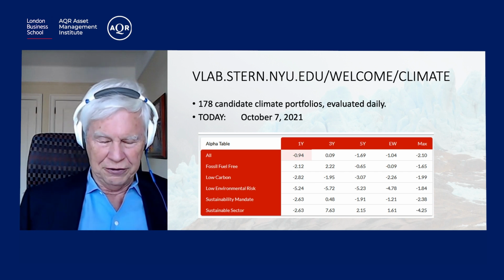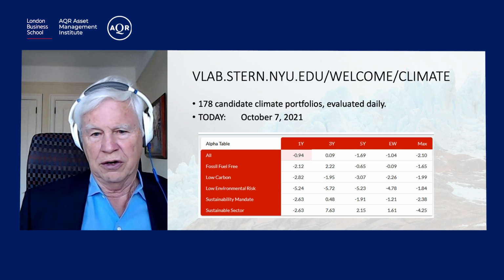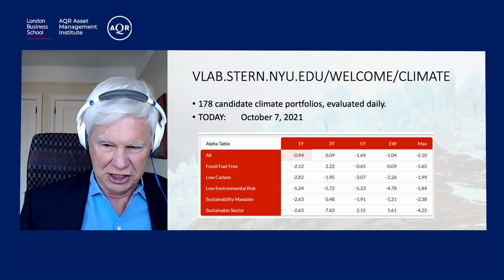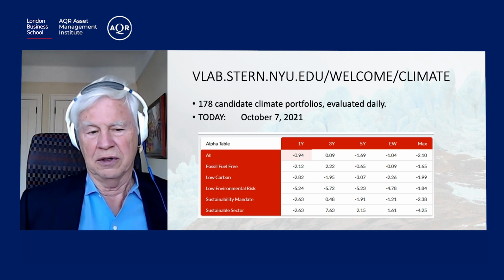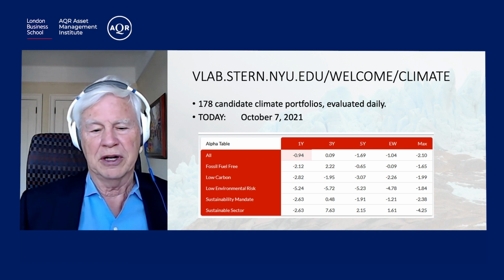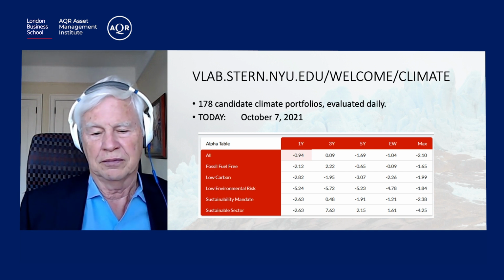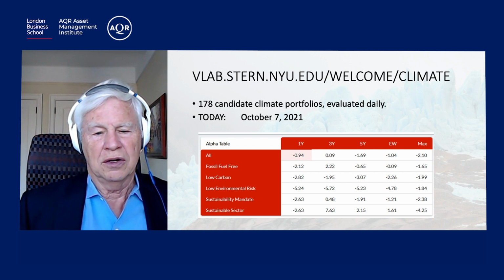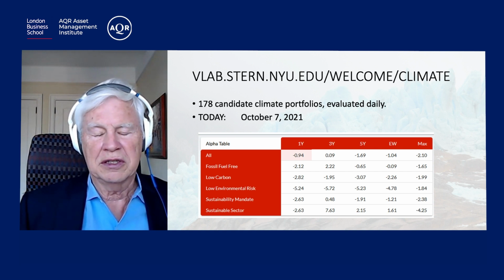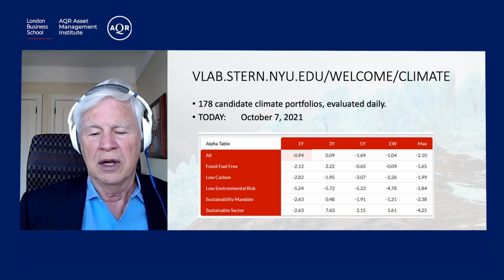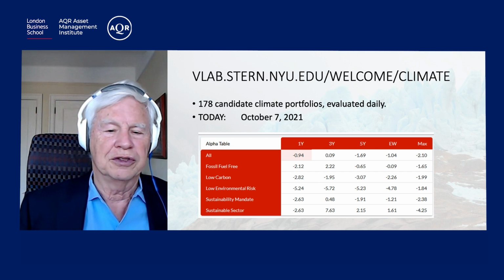And if you look at the alphas of these over 1 year, 3 year, 5 year, or maximum time periods, you see for all these different categories of climate strategies, they all pretty much have negative alphas. So at least over the short run, and you see some of these sector funds have done well over somewhat longer periods, but mostly the alphas are negative.